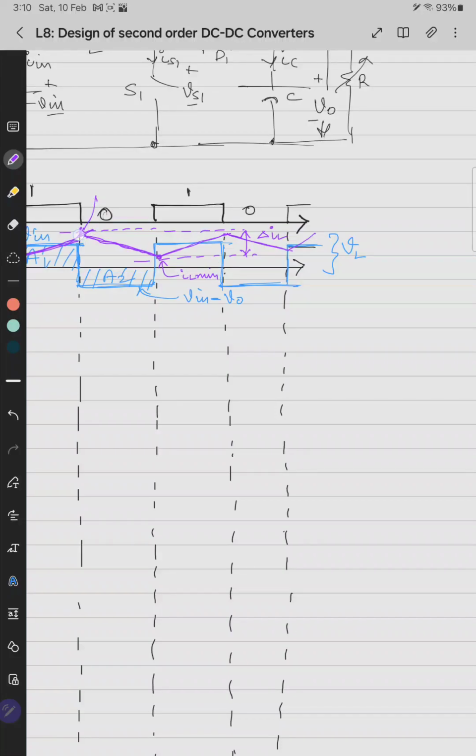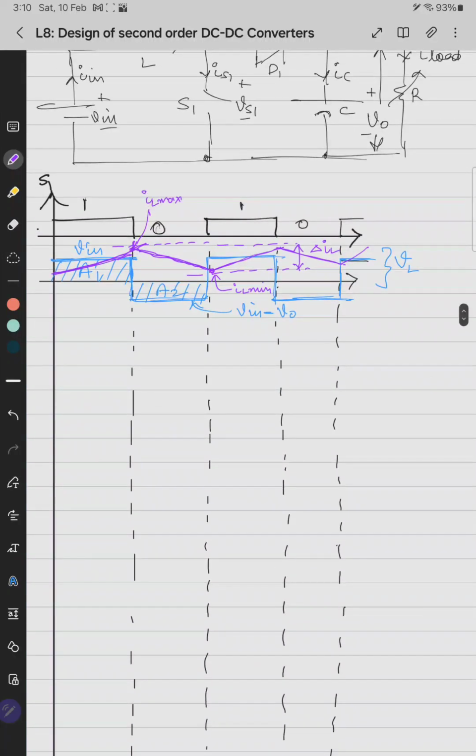This point is IL max, and this average value is capital IL, and this waveform belongs to IL. This is the average value of the inductor current.